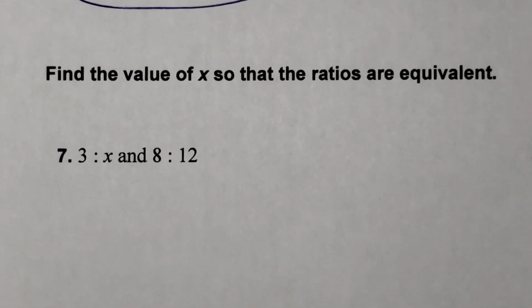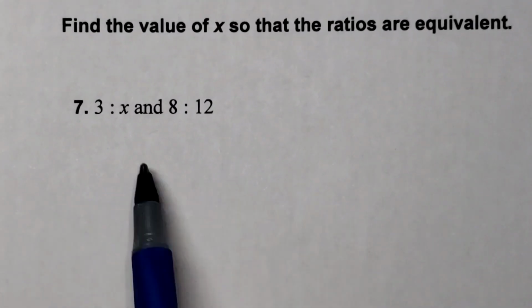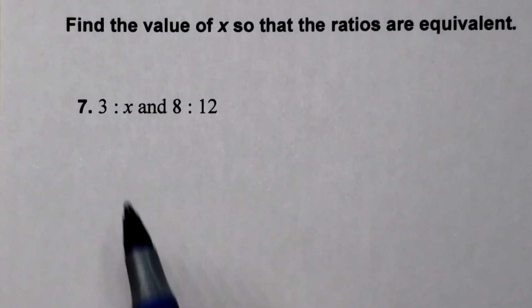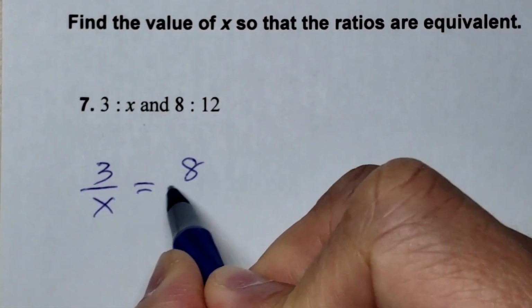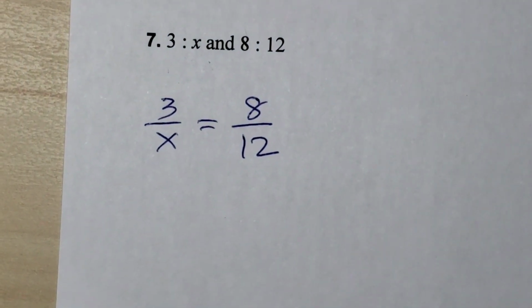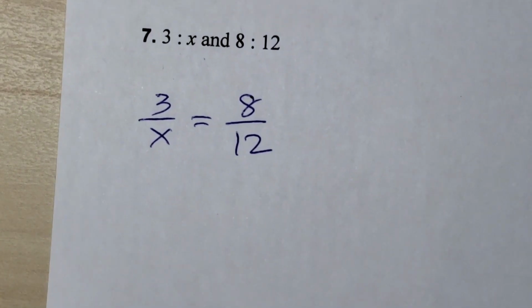It says find the value of x so the ratios are equivalent. This is not written in fraction form, so let's write it in fraction form. Again, 3 over x is equal to 8 over 12. We can simplify 8 over 12, or we can just do cross products right away. It's up to you.